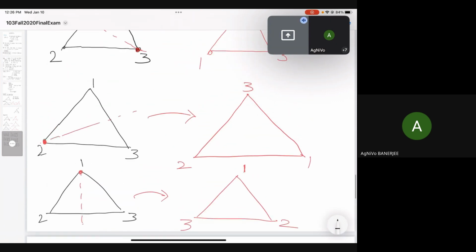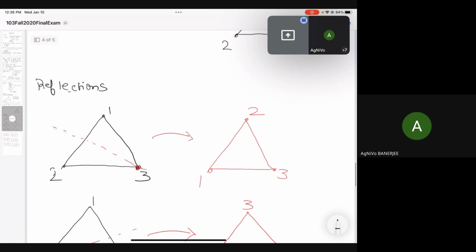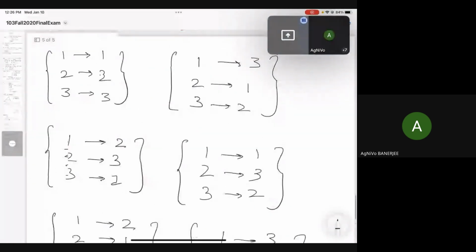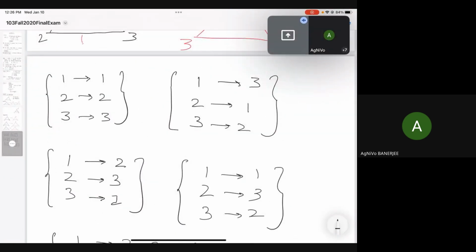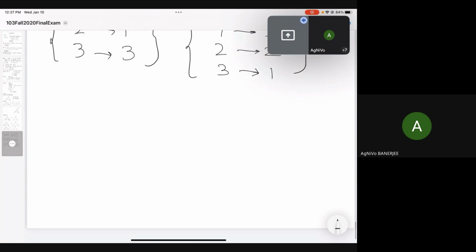So just to think of these symmetries in another way, you can think of these as really, what are these things? If you take this set of 3 elements, you are basically constructing all the bijective maps from this set to itself. And by bijective, I just mean surjective plus injective.